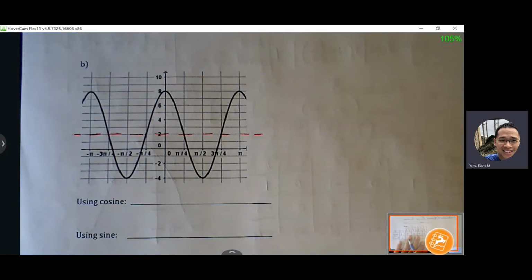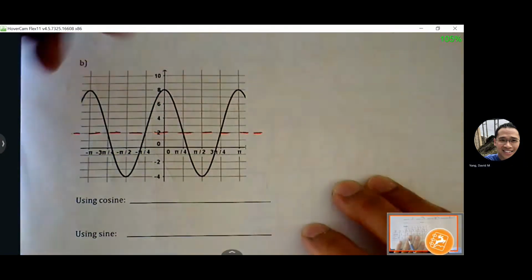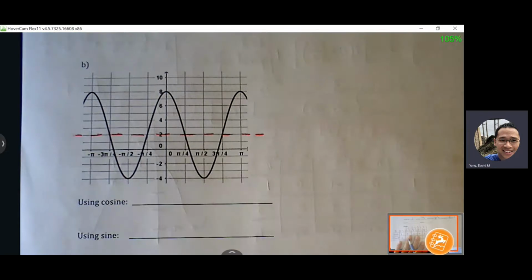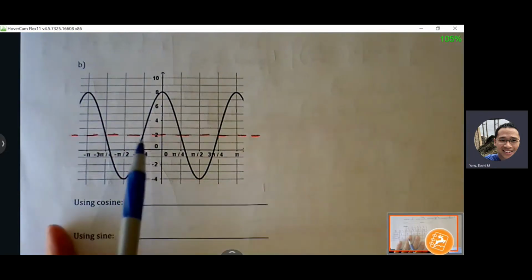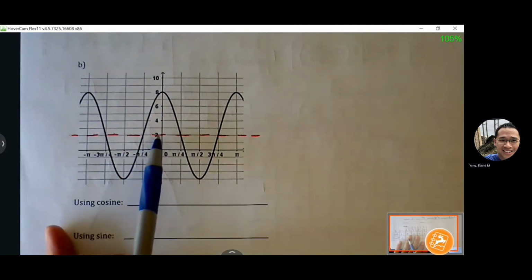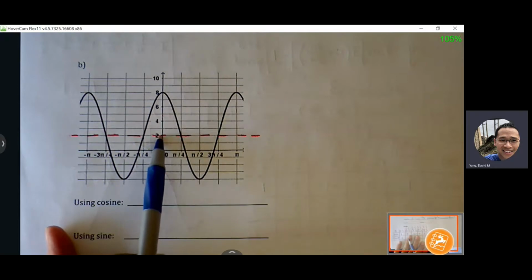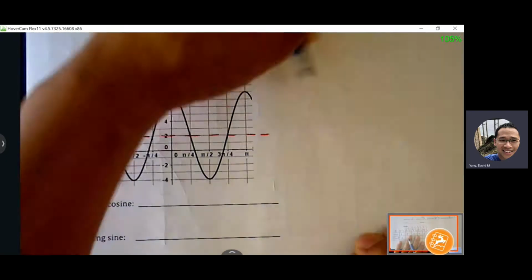Again, looks like cosine is the function that's given to us, so we'll start with cosine. Okay, how do I find my amplitude here? How do I find my A value? Count from center to top, right? What's that A value? 6.